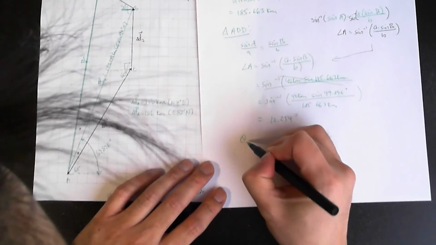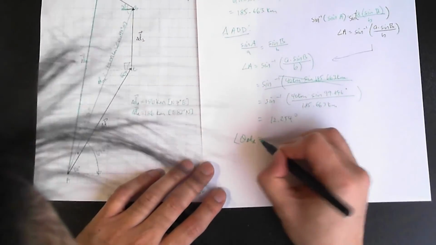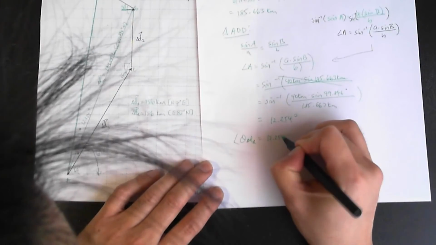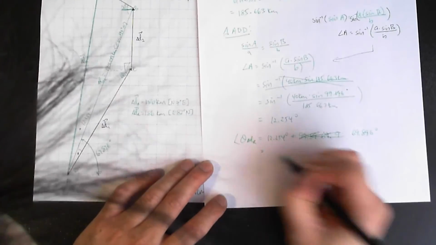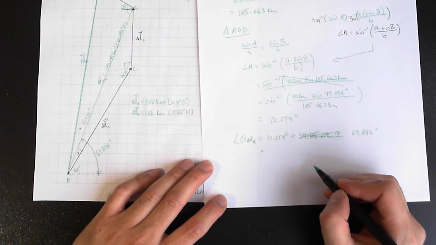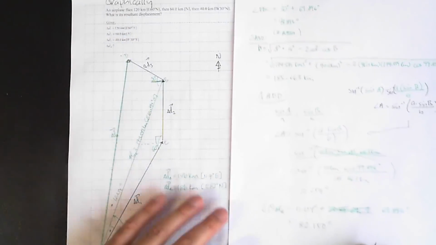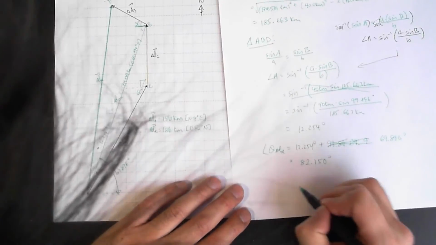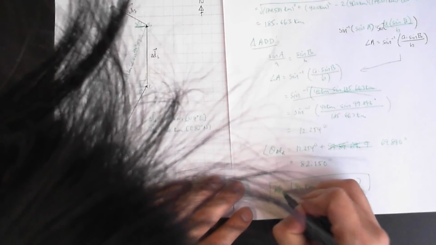So our theta for our delta dr is equal to 12.254 degrees plus our 69.896 degrees, and that will give us a total of 82.150 degrees. And if we take a look at our original givens, 3 sig fig, 2 sig fig, we should follow suit over here as well. So our final answer is 186 kilometers east, 82 degrees towards the north, and that is our delta dr.